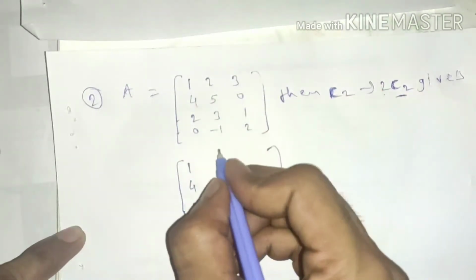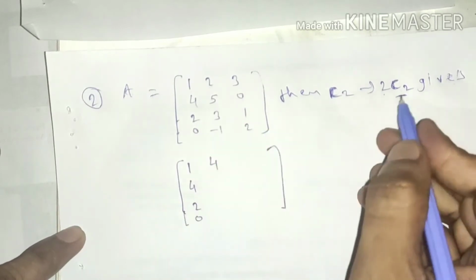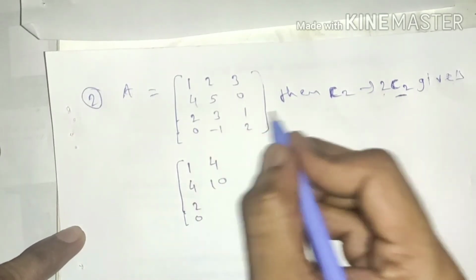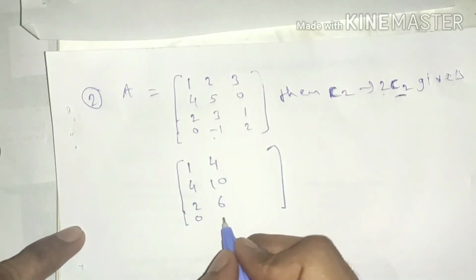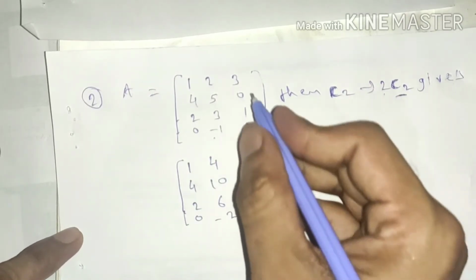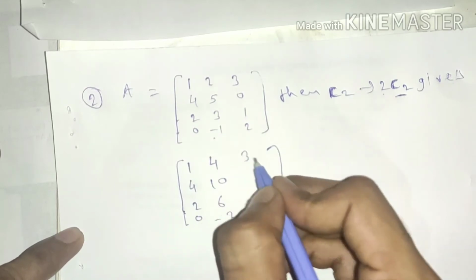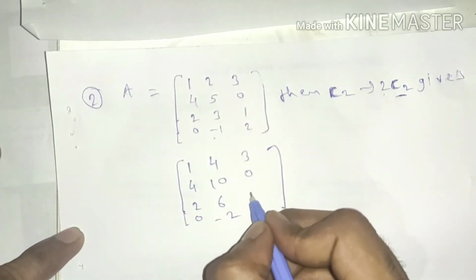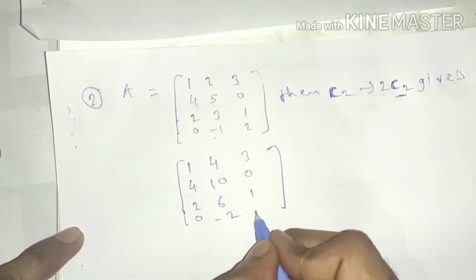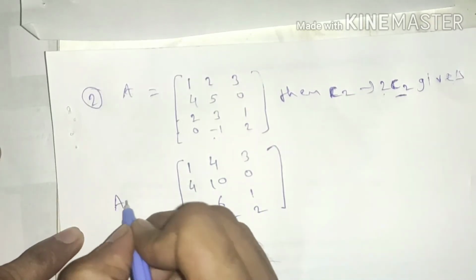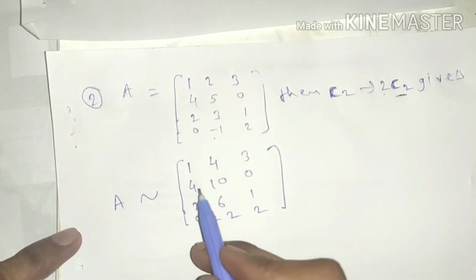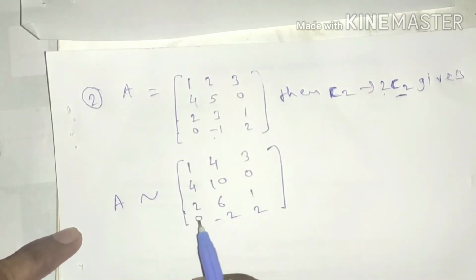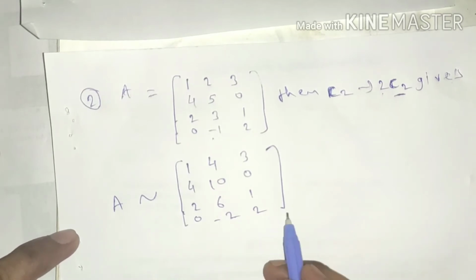So, 2 into 2 is 4, 5 into 2 is 10, 3 into 2 is 6, and minus 1 into 2 is minus 2, and the third column is the same as 3 0 1 2. So, we say A is equivalent to the given matrix 1 4 3 4 10 0 2 6 1 0 minus 2 2.